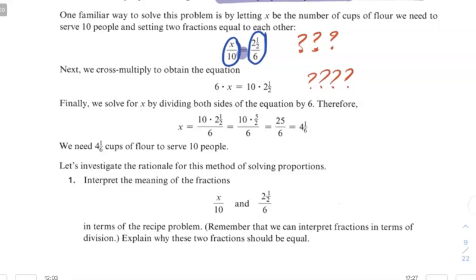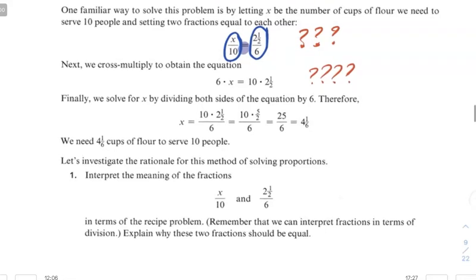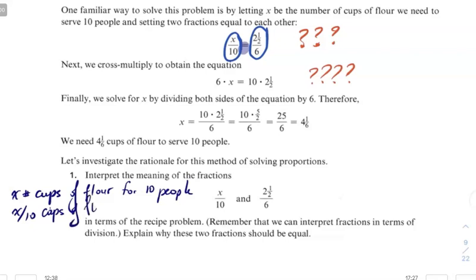So if x to 10, x was the number of cups of flour for 10 people. Can't we say that this is x tenths cups of flour per person?